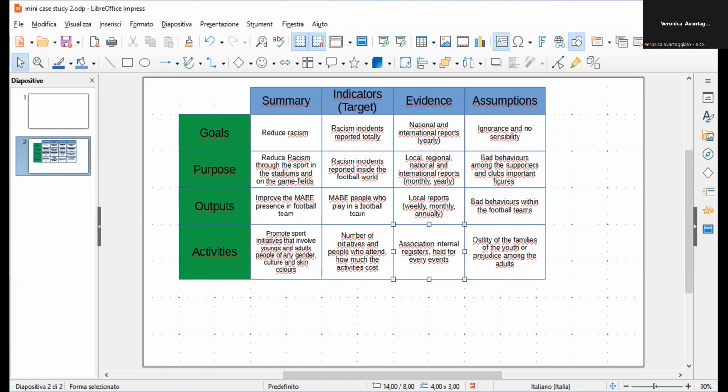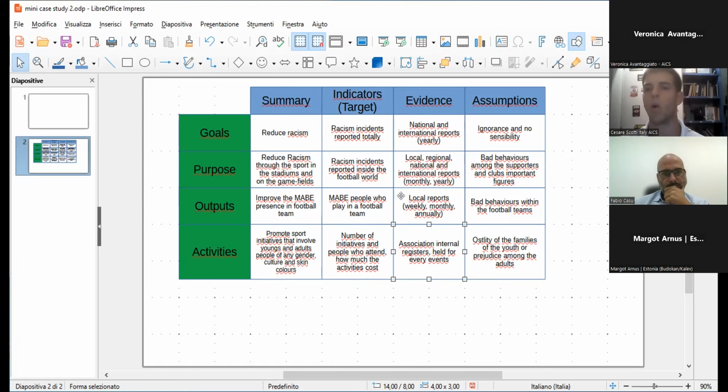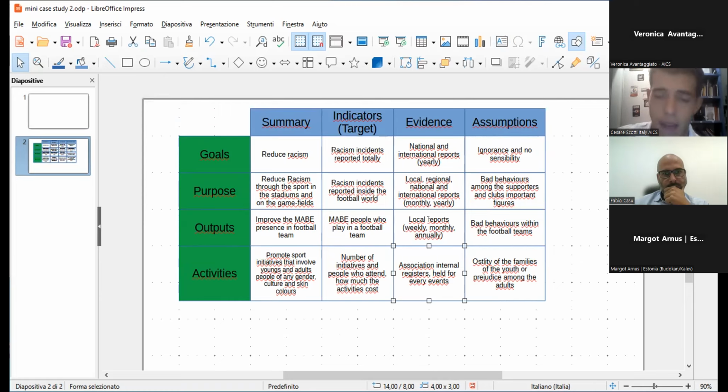So this is BAME people who play in a football team, and this can be measured thanks to local reports of the association at local level, I think, but maybe also at regional level. And this also requires a target, maybe. So let's make 100 people.